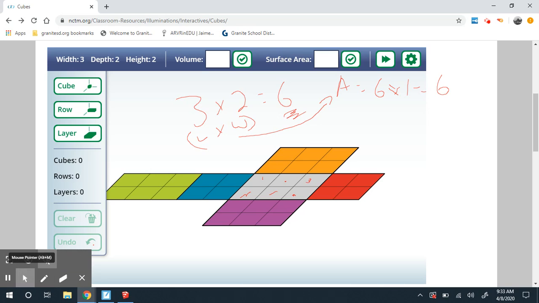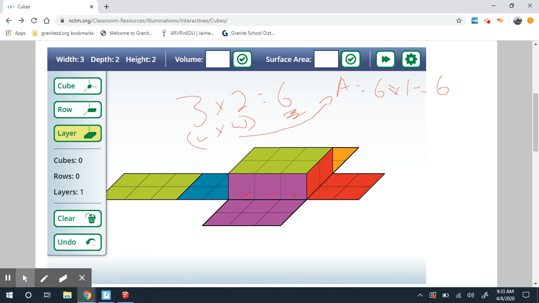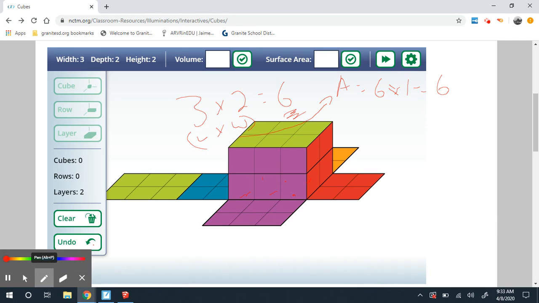And then every time we add a layer, we add that third dimension of height to it. So now this is 3 by 2 by 1, which means that it would be 6 cubic units. Then if we add our second layer, now we see that it is not multiplied by 1, but it is multiplied by 2. So this shape has a volume of 12 cubic units.